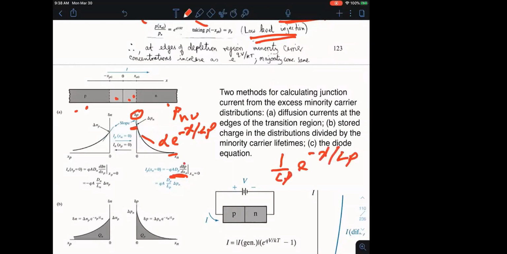Okay. Well, if I was to plot the diffusion current as a function of position, that would have exactly the same shape. And the value of the current, of course, is going to depend on the diffusion length and all the prefactors and all that. But the shape is exactly the same as the carrier concentration profile.